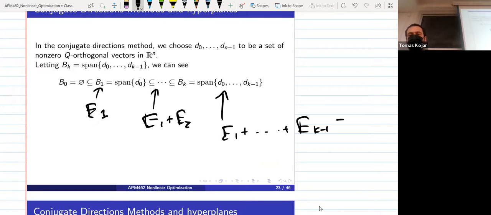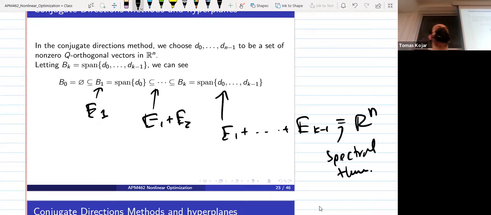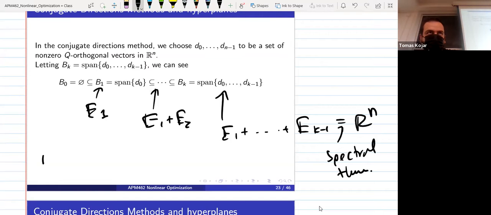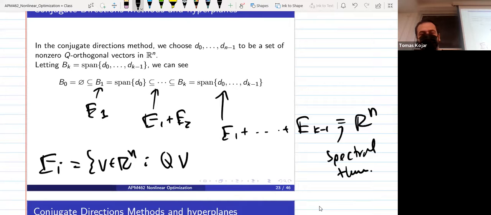And the direct sum gives you the space. So that's the spectral theorem. In case you don't remember, Ei just means take all the v in Rn so that Q of v is equal to lambda i v. Okay? Good.